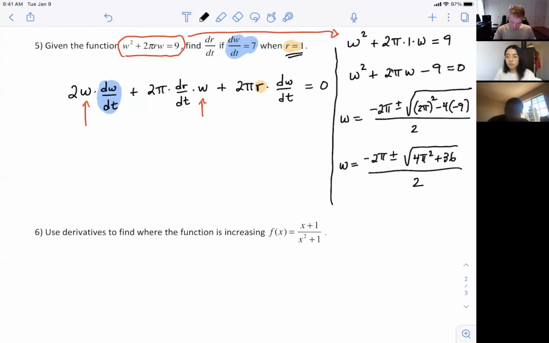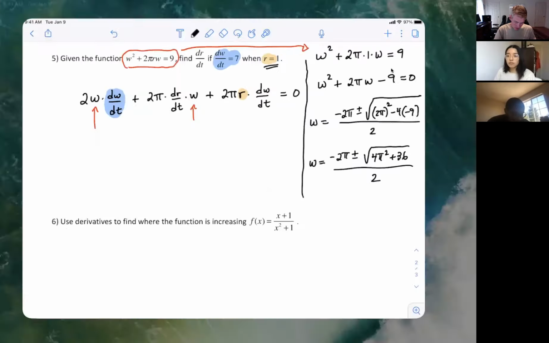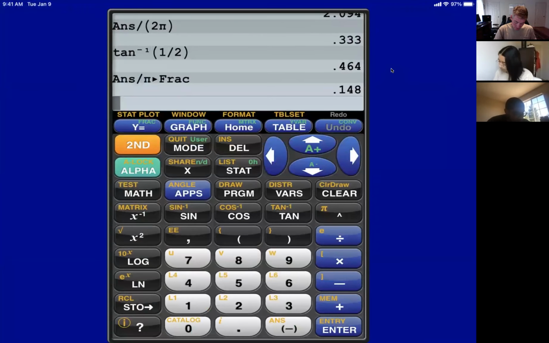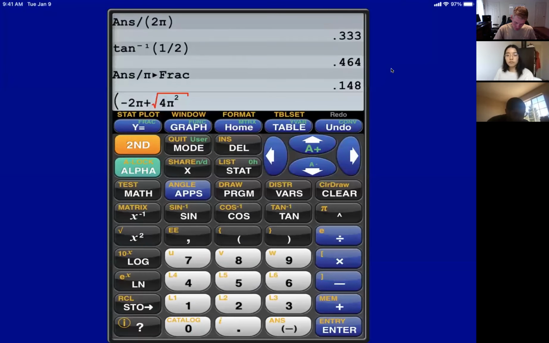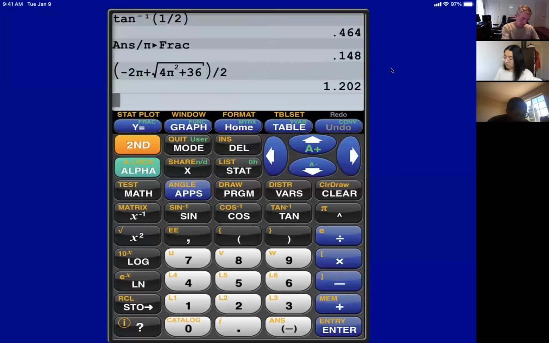And then what are the decimal answers for that? So there was a negative 2 pi, and then plus the square root of 4 pi squared plus 36. Then put all that in parentheses and divide by 2. So 1.202.